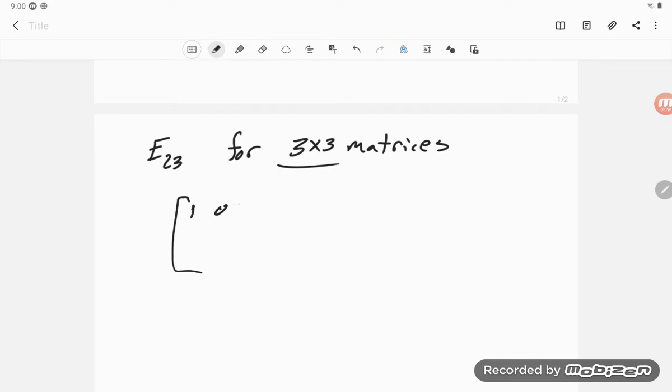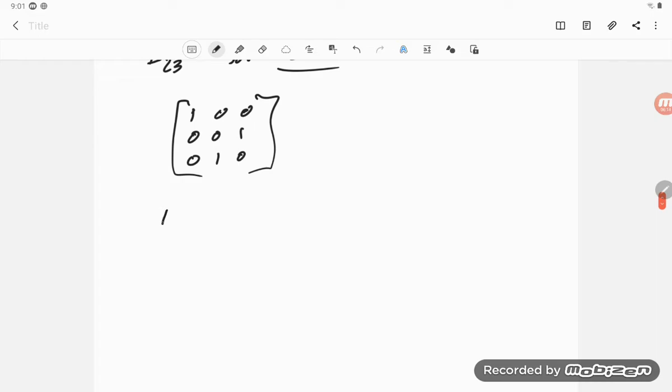The first row is untouched, but the second and third rows of the identity need to swap. So there's the third row of the identity, there's the second row of the identity for a 3 by 3. And if I did that same sort of thing for E23 for 4 by 4.